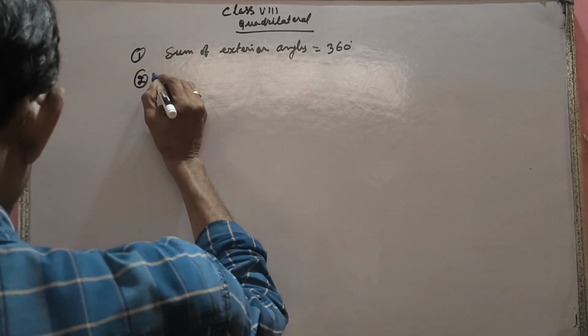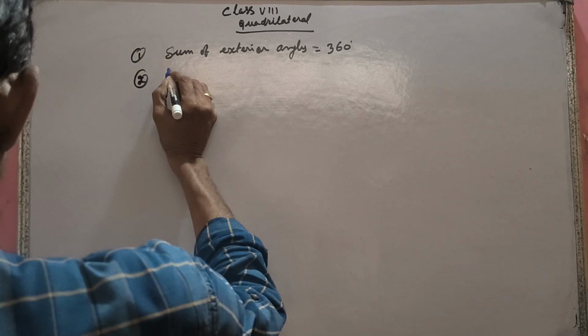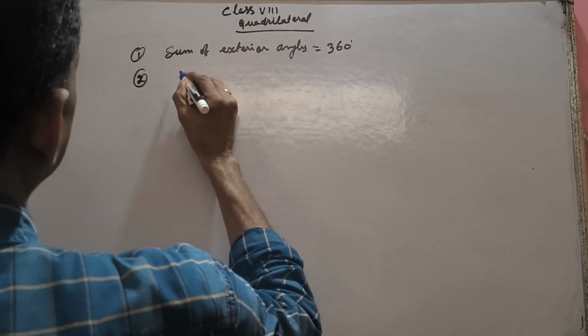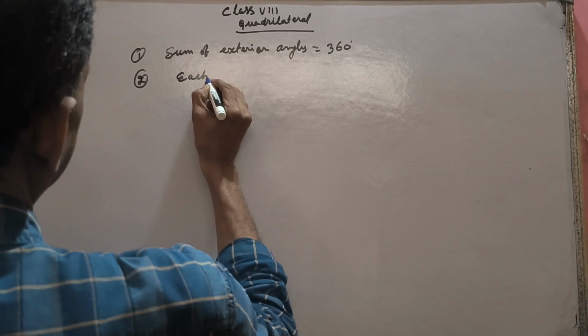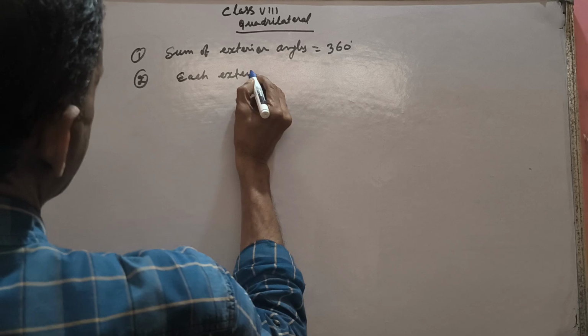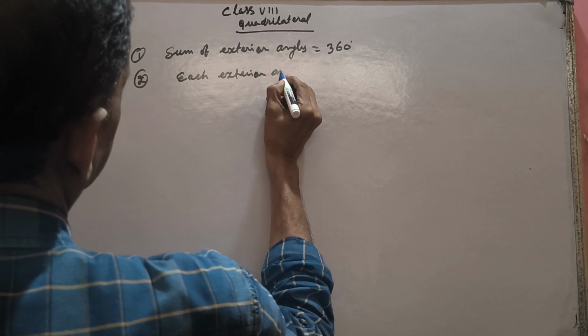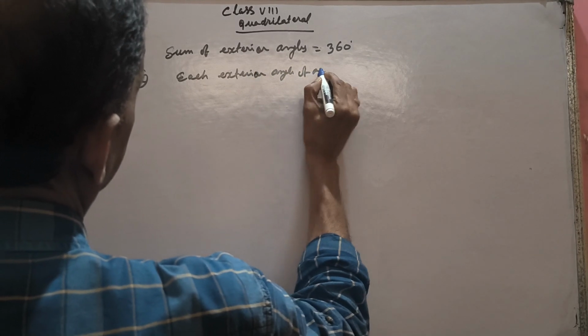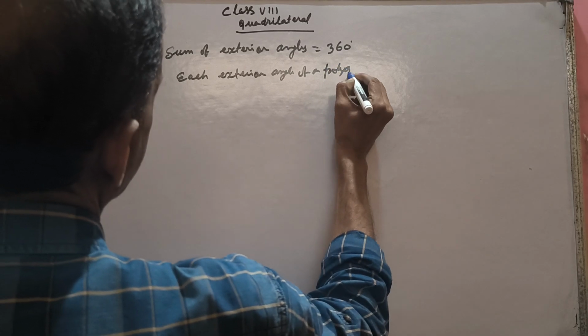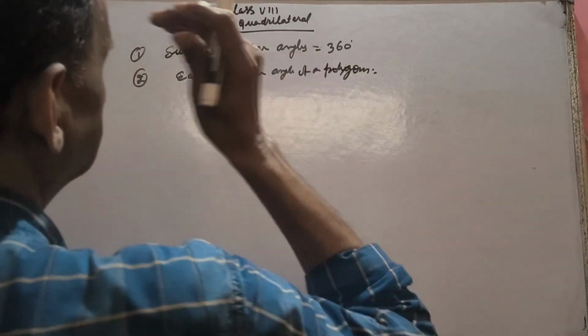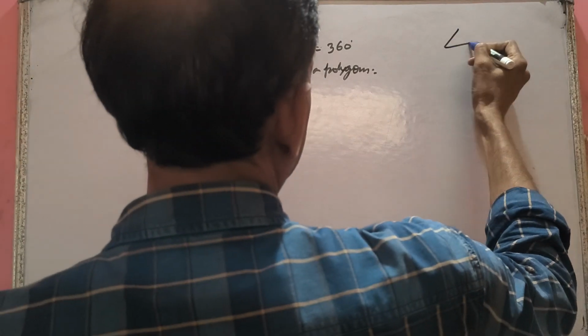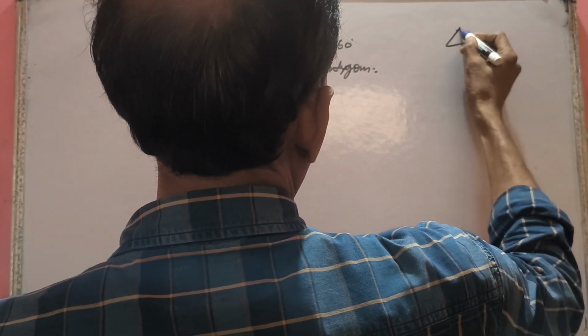Number 2: each exterior angle of a polygon. See, in the case of a triangle, there are 3 exterior angles, no?